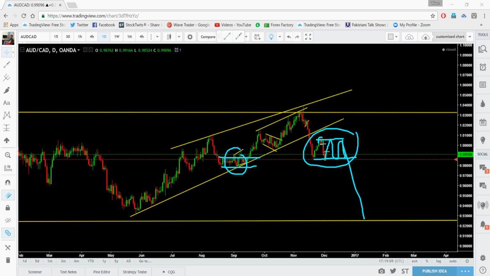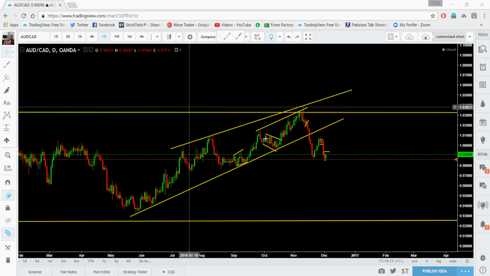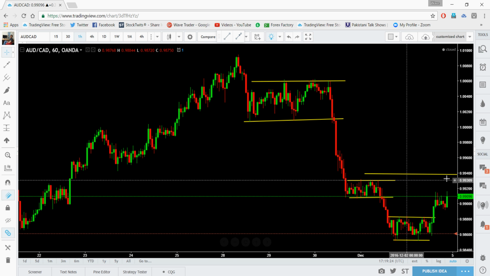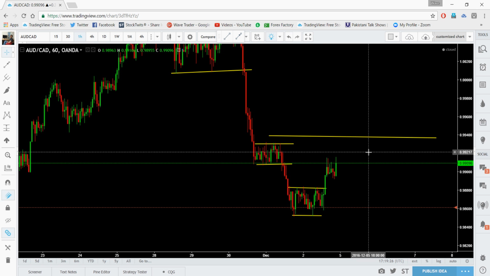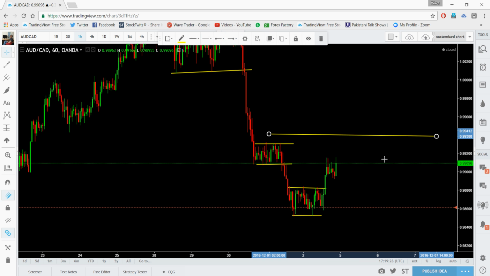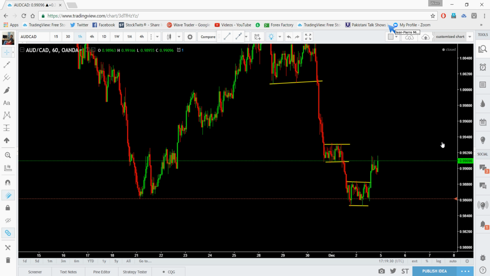Some of you guys who are holding your trade at this place, keep your trade, don't need to worry about that. As I told you, if we see nice price action, a nice impulse to the upside, then we're going to close our short trade on the correction back, then we're going to look for the upside for a short period of time. All right, so I hope you guys are clear on this pair.